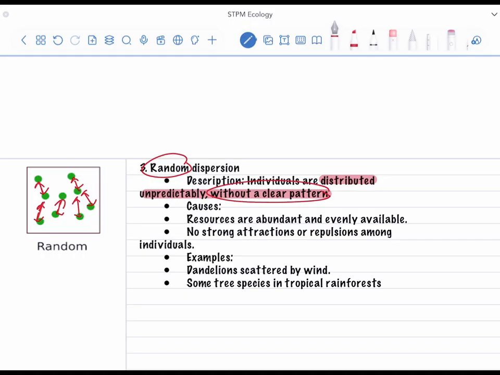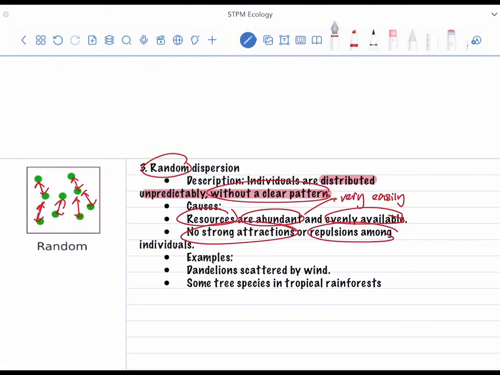The cause for this kind of random dispersion is that the resources are very abundant, which means that you can get the resources very easily. You can almost find your needed resources everywhere. So there is no strong attraction or repulsion among the individuals.